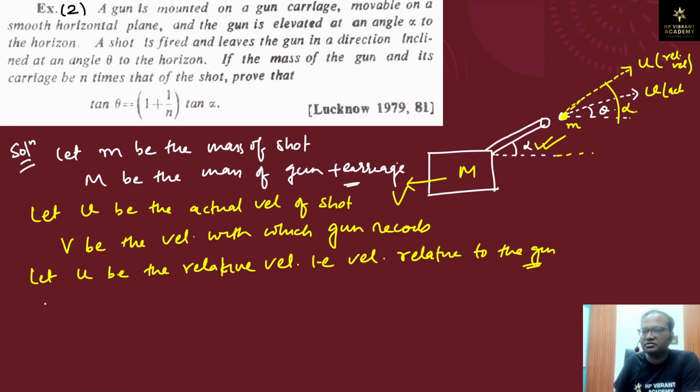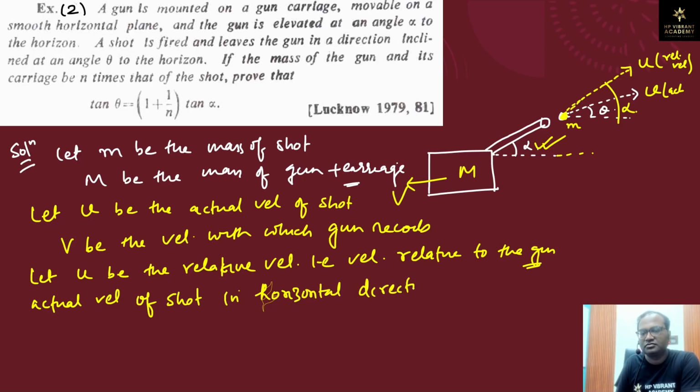Now we have the actual velocity of shot in horizontal direction. This is v cos theta.